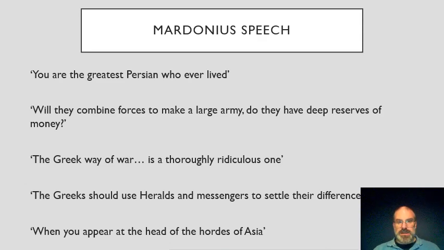Moving on, let's have a look at some other elements of Mardonius's speech. So first of all, he starts with the most obsequious flattery of Xerxes possible. "You are the greatest Persian who has ever lived, but there is no one in the future who will rival you either." So this is just absurd, obsequious flattery, and that's how one has to behave to a tyrant, to a totalitarian overlord.